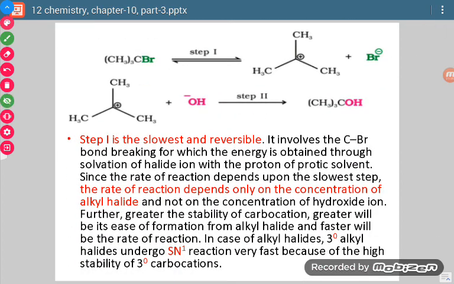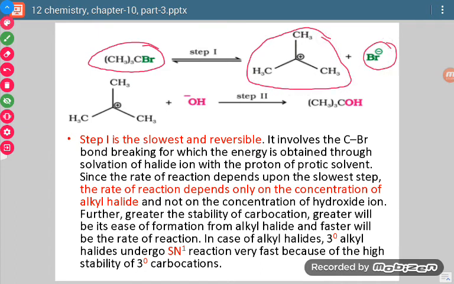Now see, in the very first step, this tertiary alkyl halide undergoes cleavage. It forms a tertiary carbocation and a halide ion. Then in the second step, the tertiary carbocation will undergo substitution reaction, and this nucleophile will get attached to it. So it is a two-step mechanism.